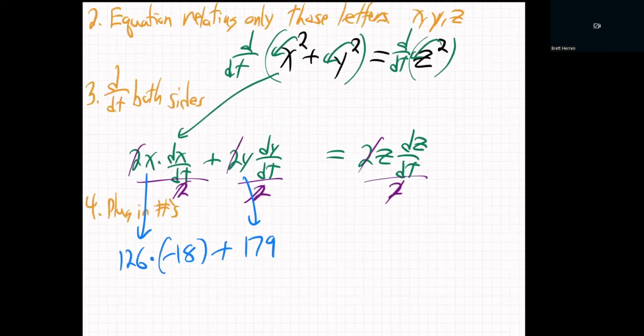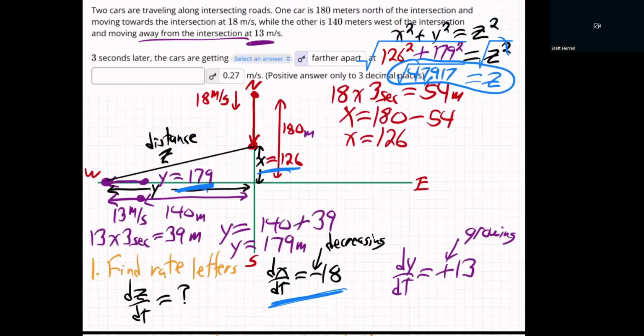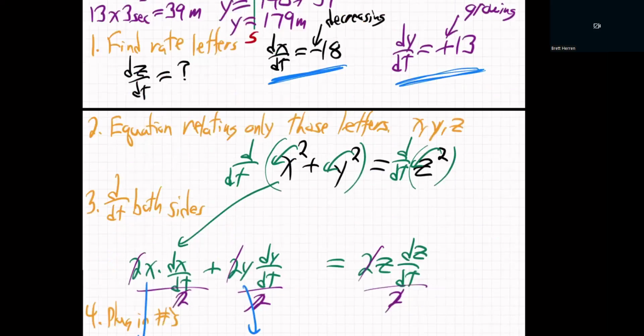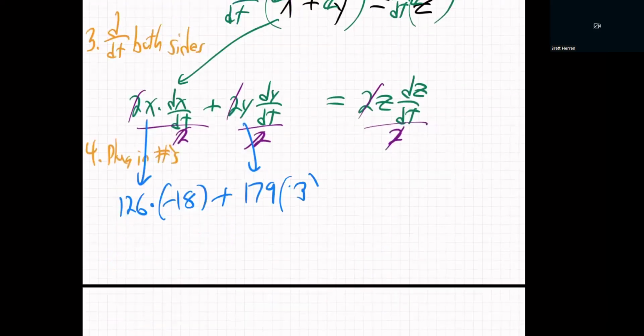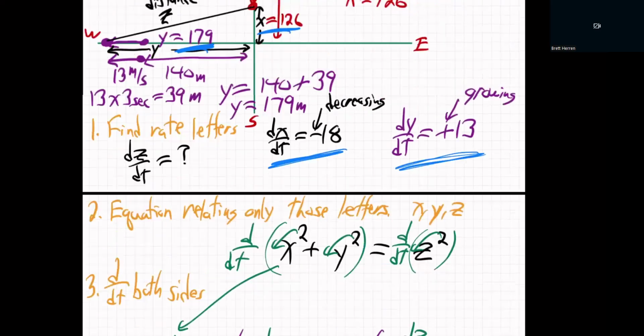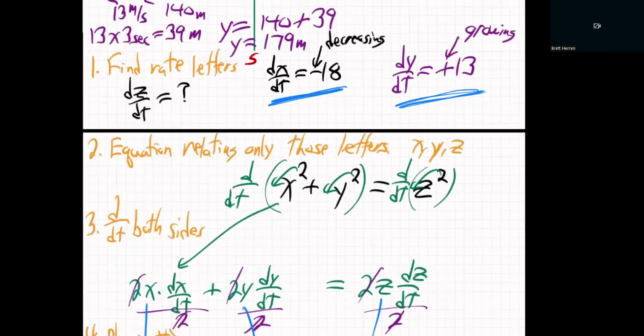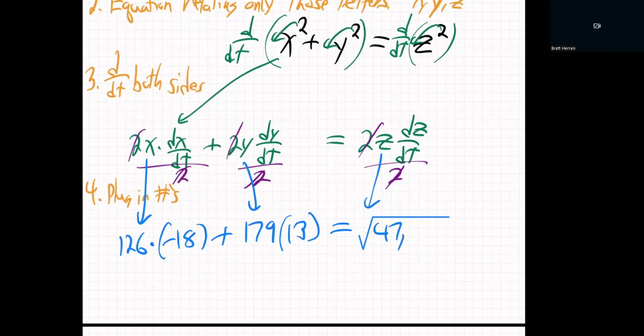And dy/dt is positive 13, because that's growing. Right? Rates that are growing are positive, shrinking are negative, equals z, the square root of 47,917.